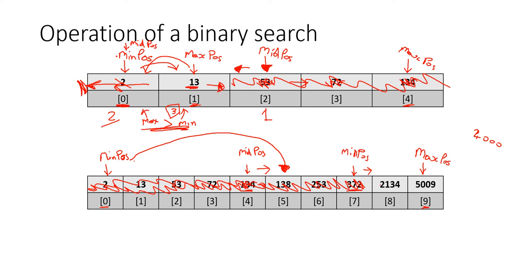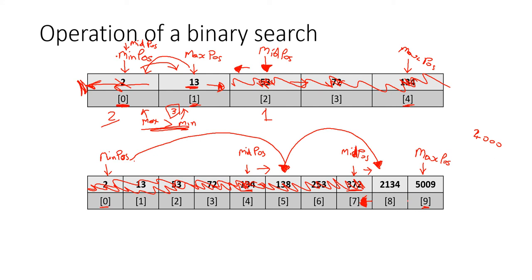And our min pos then is going to move to there, because it can't be anywhere to the left of that one, and it can't be that one. So we need to move it 1 plus the midpoint.